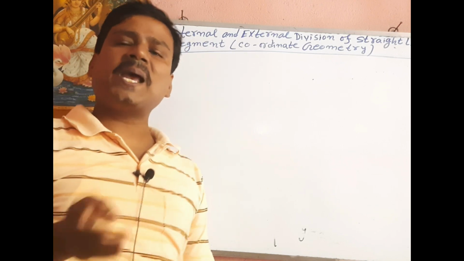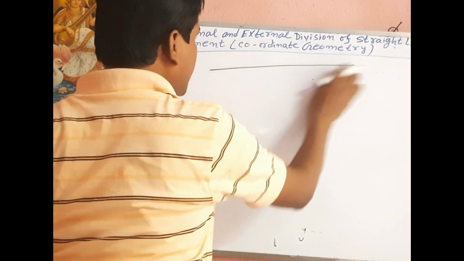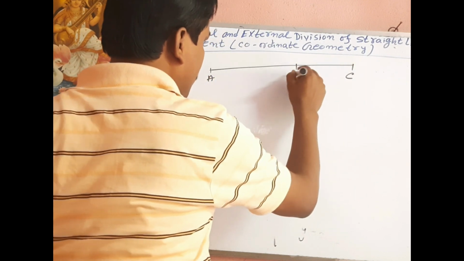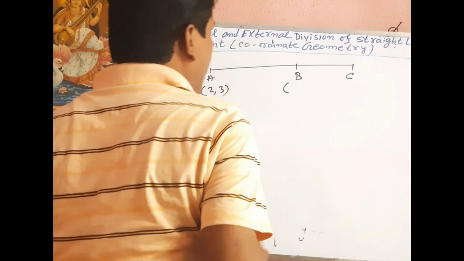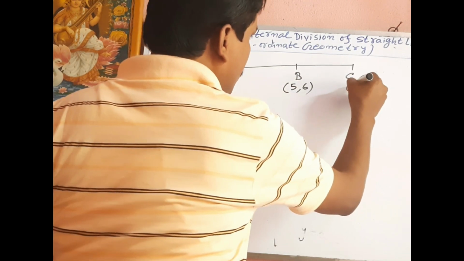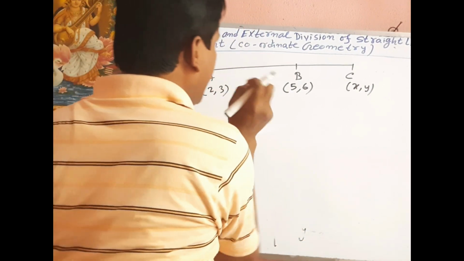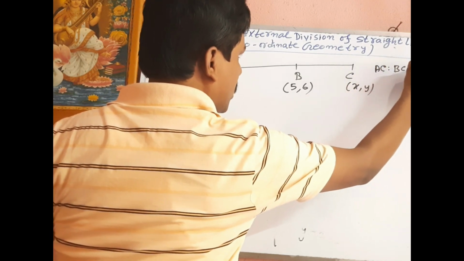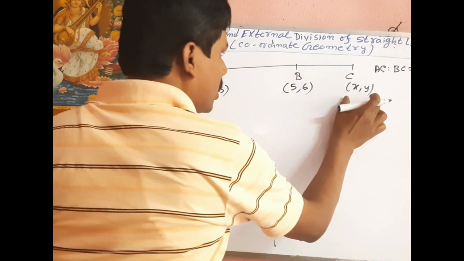Here is the line segment AB and the point C. The coordinate of A is (2, 3) and the coordinate of B is (5, 6), and C is the external division point of the line segment AB, with AC is to BC equal to 3:1. So find the coordinate of C.